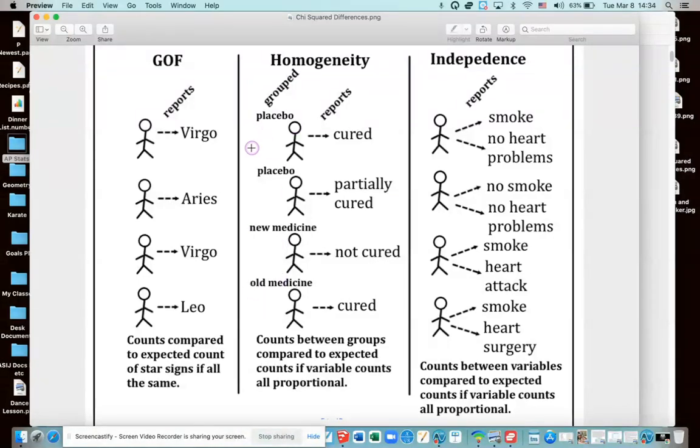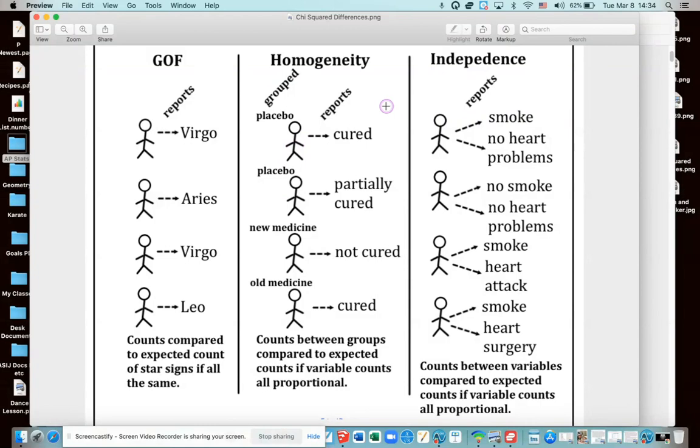You can decide how many you're going to choose from each group, and you can make them the same or not if you want. And then you're going to survey them, or do an experiment on them. Like this shows here, you're giving them a drug or something, and you can see whether they're cured or partially cured or not cured at all. But you are choosing the groups ahead of time.